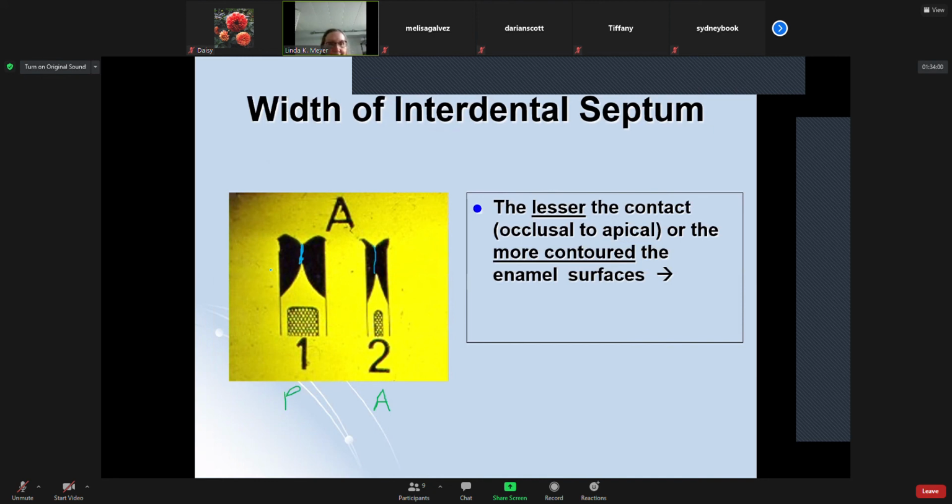Or I can say that these molar surfaces are more contoured compared to these surfaces right here. So the lesser the contact in that occlusal to apical direction, or the more contoured the enamel surfaces are, the broader the interdental septum. It's wider. Look at that. It's wider there.